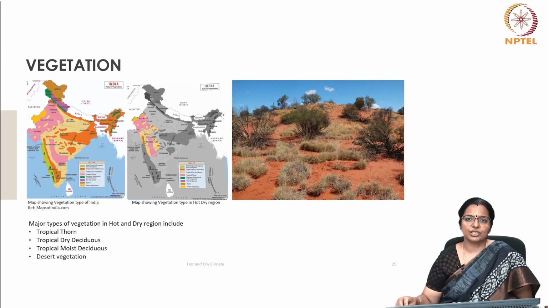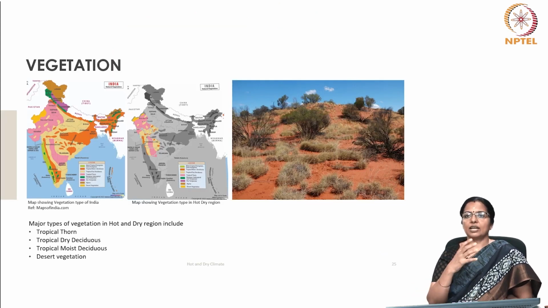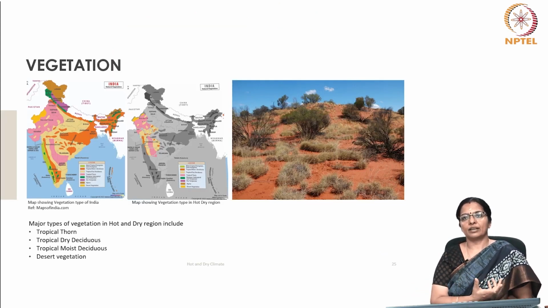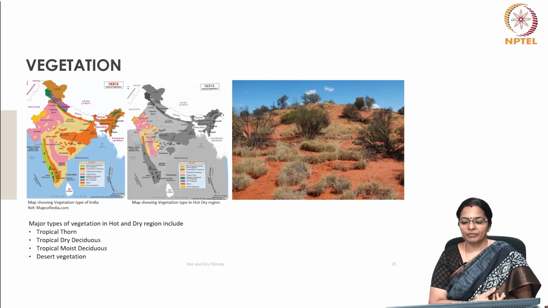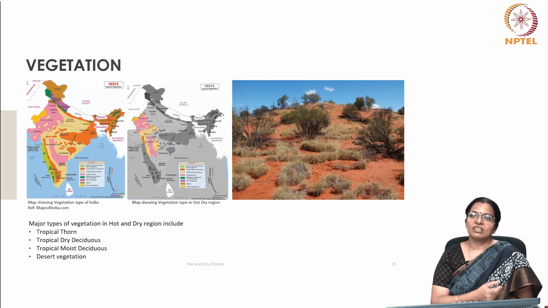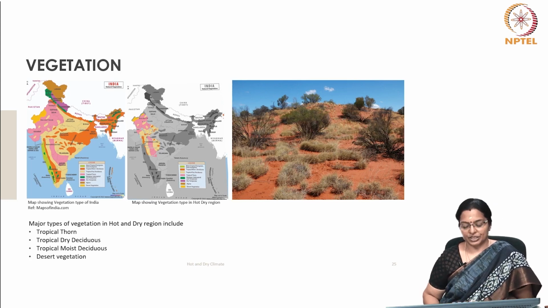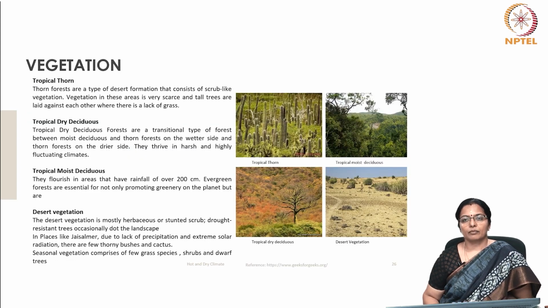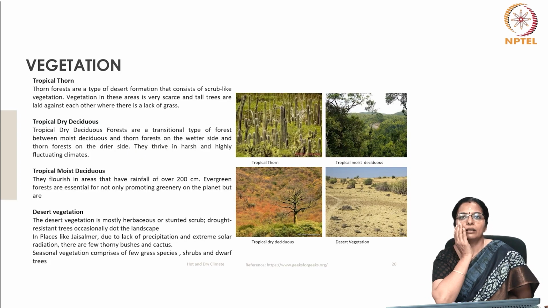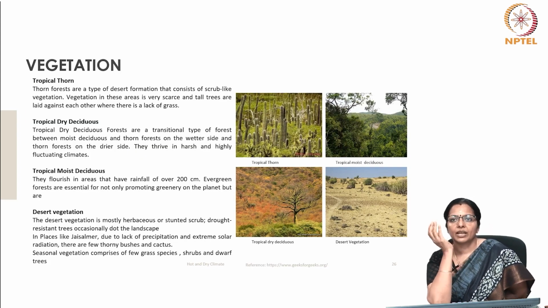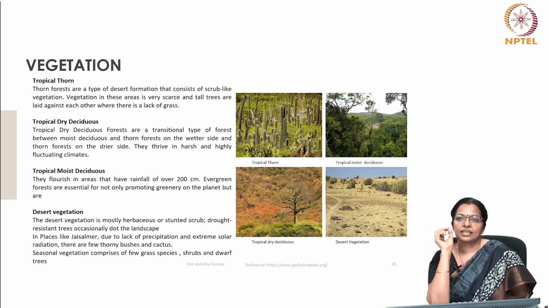Let us look at the vegetation. The major types of vegetation in the hot and dry region include tropical thorn, tropical dry deciduous, tropical moist deciduous, and desert vegetation. Tropical thorn forests are a type of desert formation that consists of scrub-like vegetation.